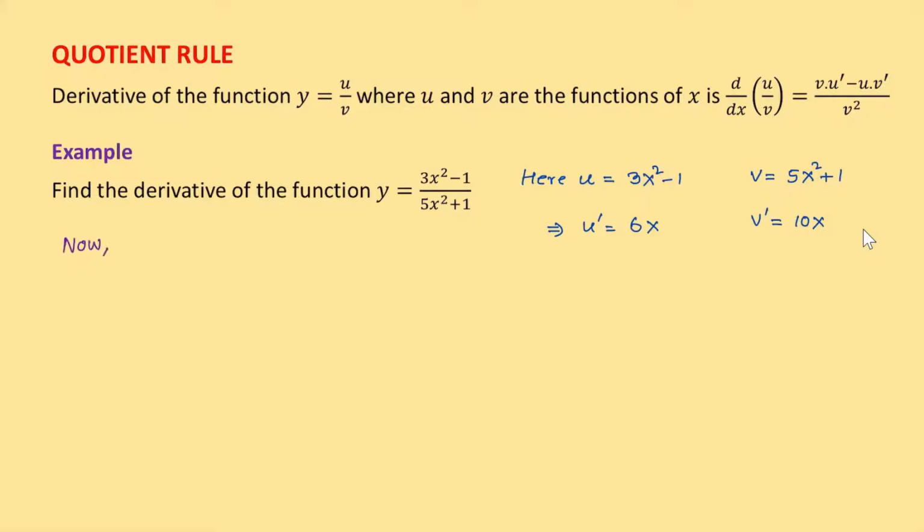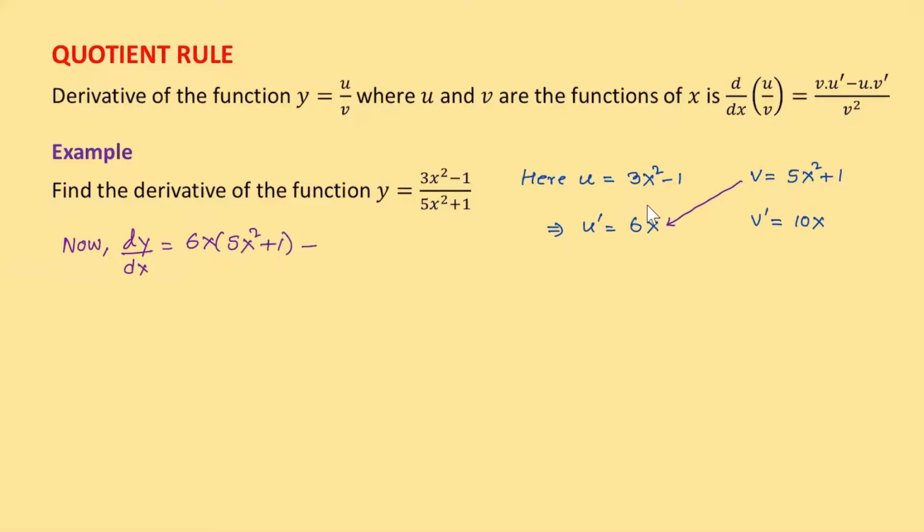Now we are going to apply that formula. Now the derivative of the function with respect to x is equal to, our formula is v times u prime. So v is here, u prime is here. That means we are multiplying these two. V times u prime, which is 6x times 5x squared plus 1.